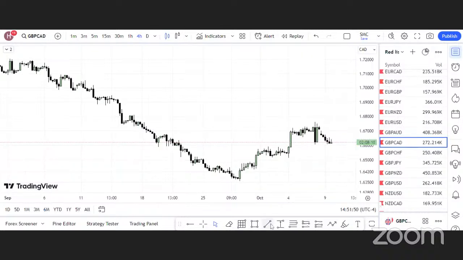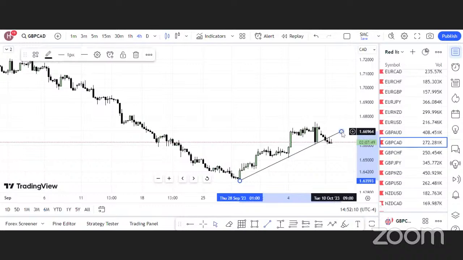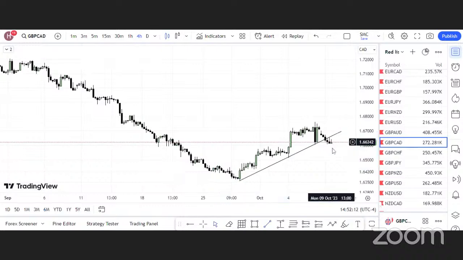Because we have this rejection, and this rejection, and the market is currently here, you want to connect the rejections together. This is where it started from, came here, and then got to this area. Right now we got a rejection, and this is giving us a sell vibe.